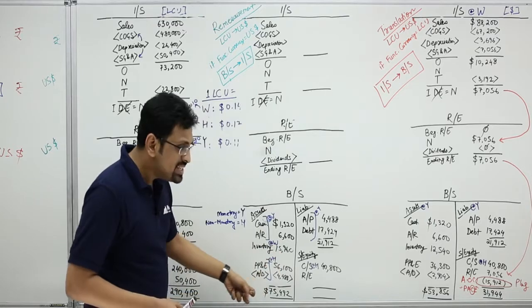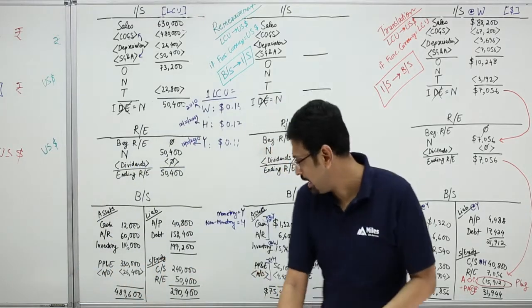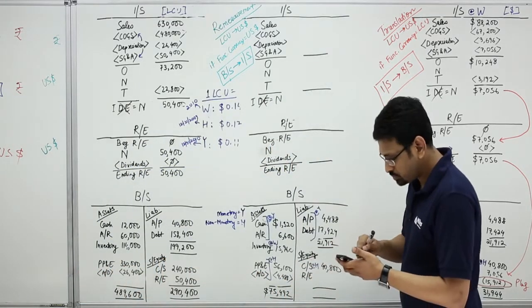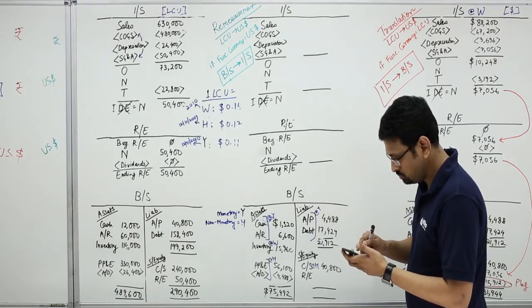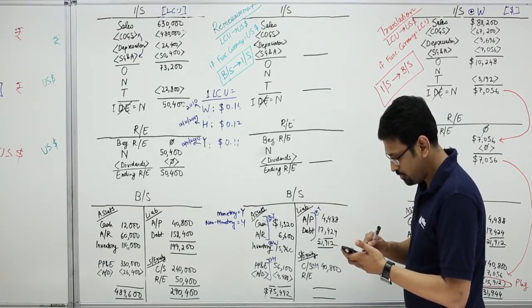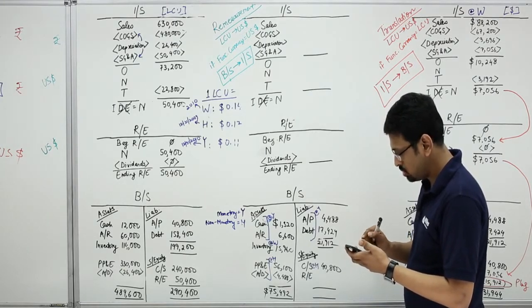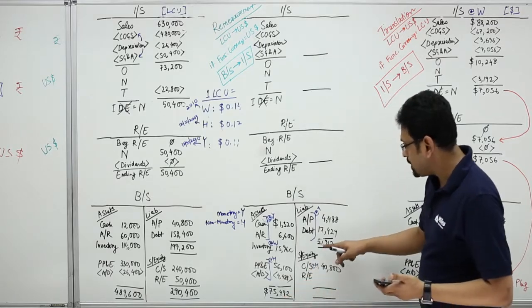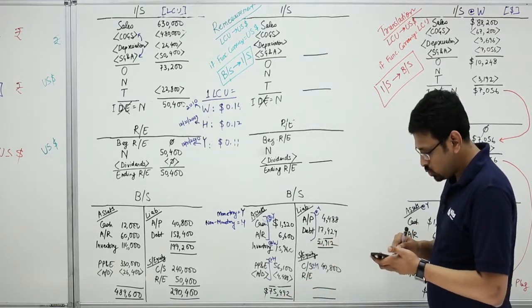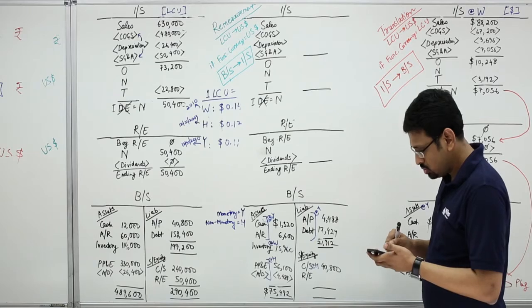So here we have $75,492. Now from this, let me subtract 21,912 liabilities.